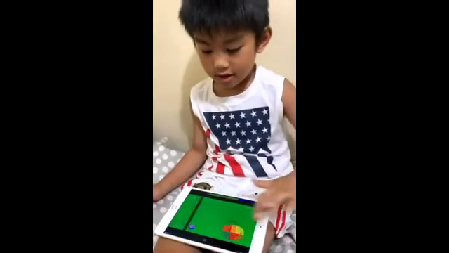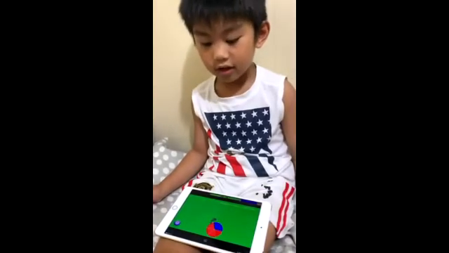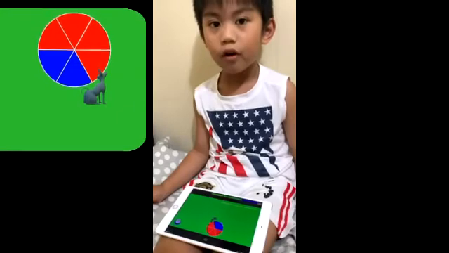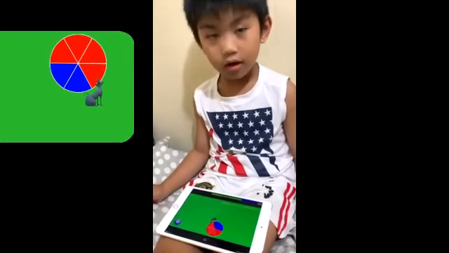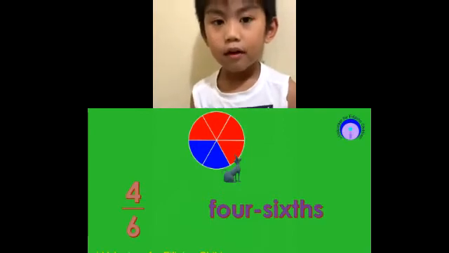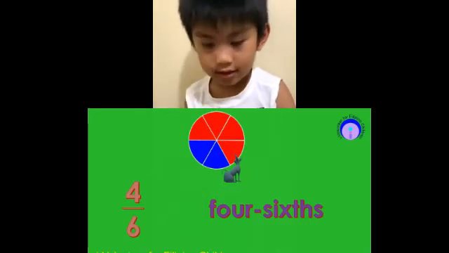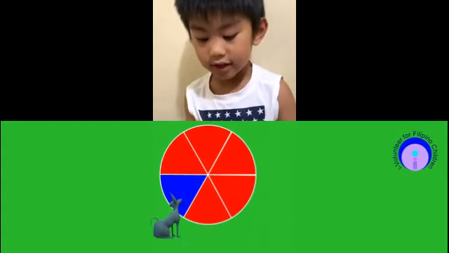Two fourths. The fraction is 4/6. Four sixths.